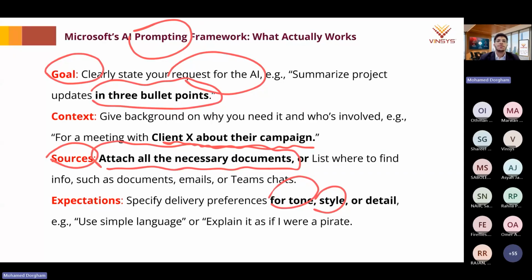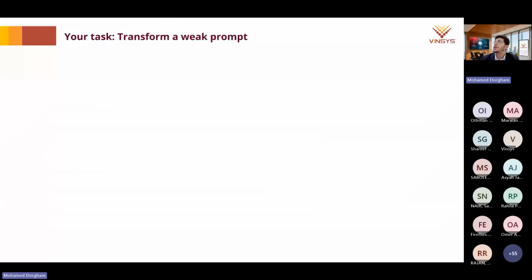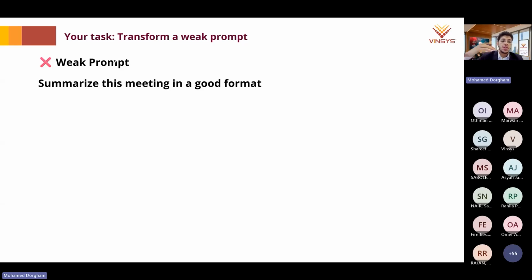Okay, so I think that's enough from the theoretical part. Let's now get you some practice and some questions, and let's see what we got here. Now I want everyone to engage with me through this task. Your task is to help me transform this weak prompt into an upgraded prompt. So we got the following prompt: summarize this meeting in a good format. Now I want all of you, how many? Okay, we got 67.